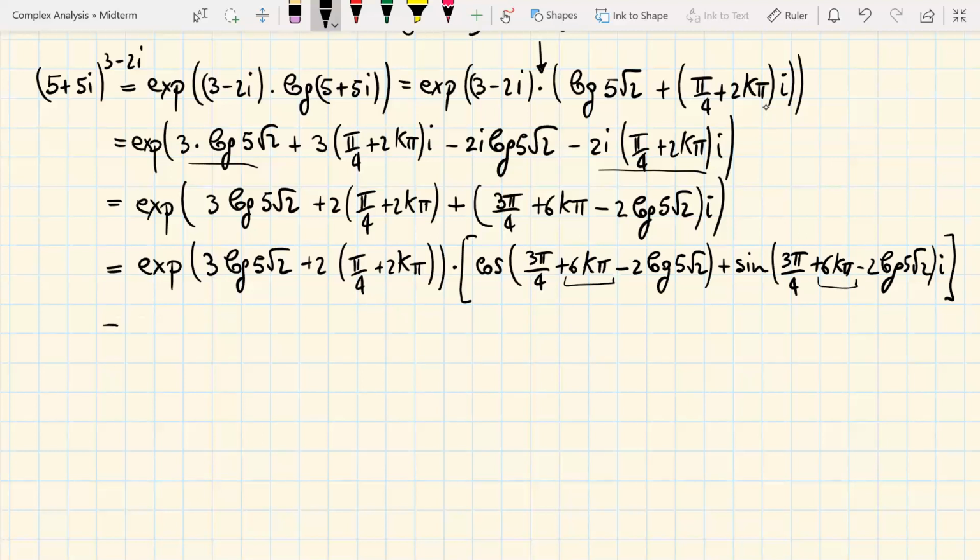And we get the exponential of 3 logarithm 5 square root of 2 plus, here maybe we can already expand this, π over 2 plus 4kπ.